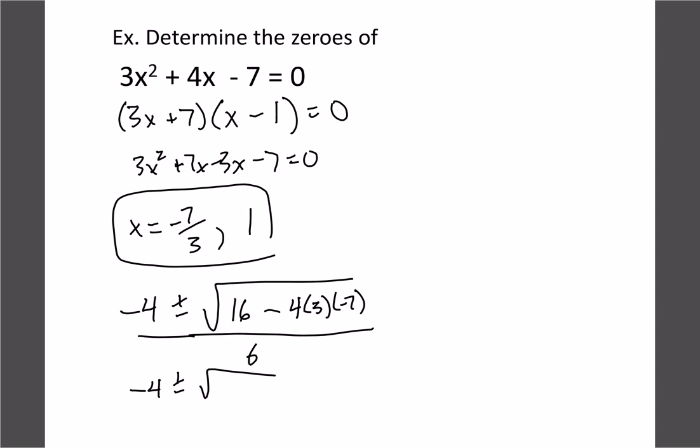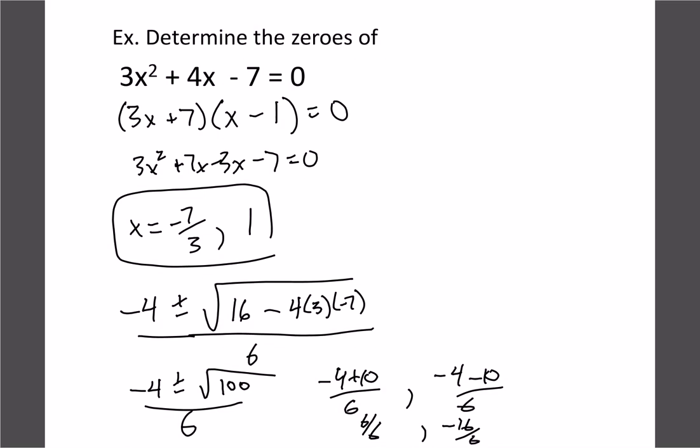So 16 plus 84 is 100. So we'd get minus 4 plus 10 over 6, and minus 4 minus 10 over 6. So that gives us 6 over 6, which is 1, and the second one would be minus 14 over 6, which would give us the negative 7/3. So we do match the answers once again.